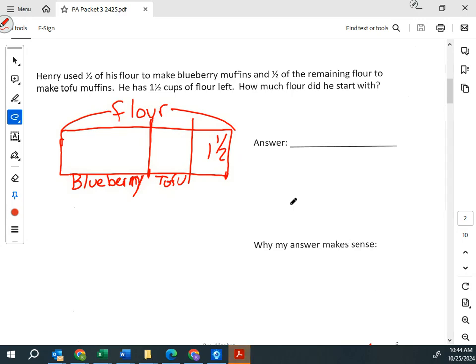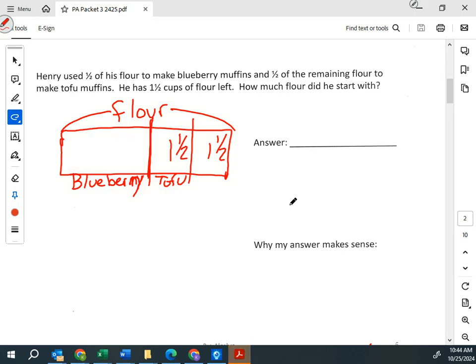Well, if I know that this is 1/2 of the whole, this is the 1/2 of the 1/2, how much is going to be in this half? This is 1/2 of this section. What would be in my other section? Beckett? What would be in this section? If this is 1.5, what would this be? 1.5, right?